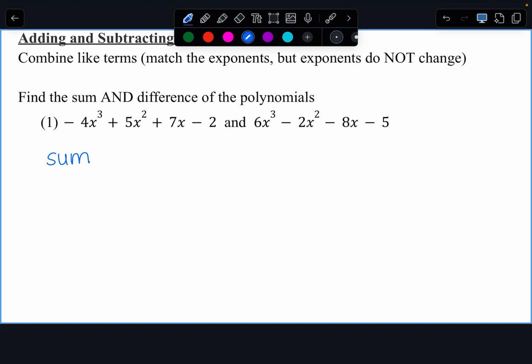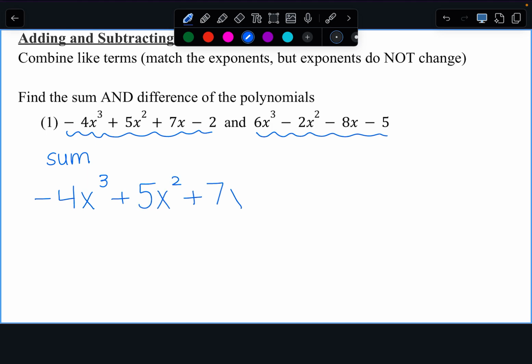So let's start with my highest exponent. What is my highest exponent of all of these pieces? Okay, so starting with the left side, we have a negative 4x to the third. Then we're going to keep working down to the lower exponents. So plus 5x to the second plus 7x minus 2.